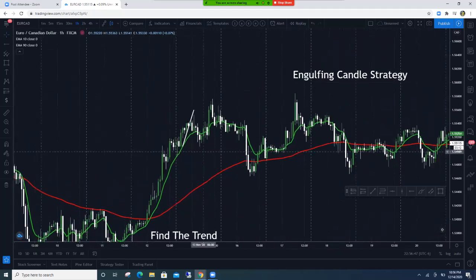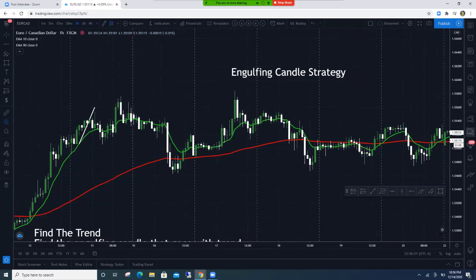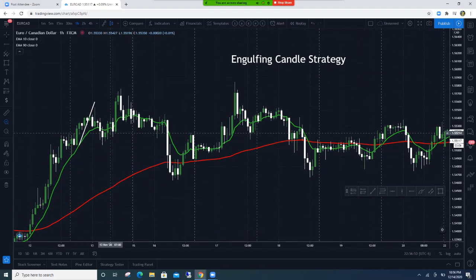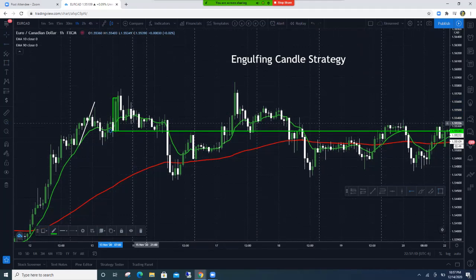So if I keep going here, I see that there's another engulfing candle. I'm going to put a line at its entry price, at its opening price. That's going to put me right there. Now, you see how price went there.